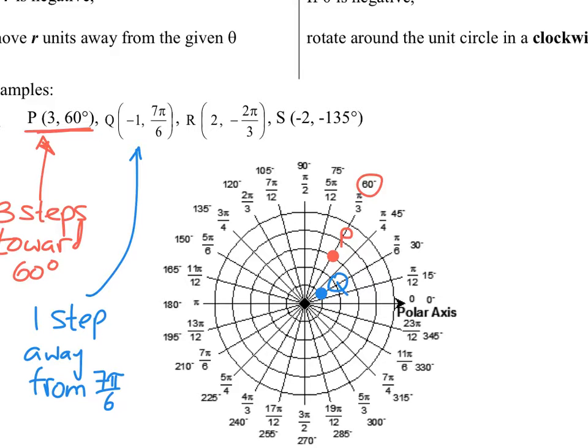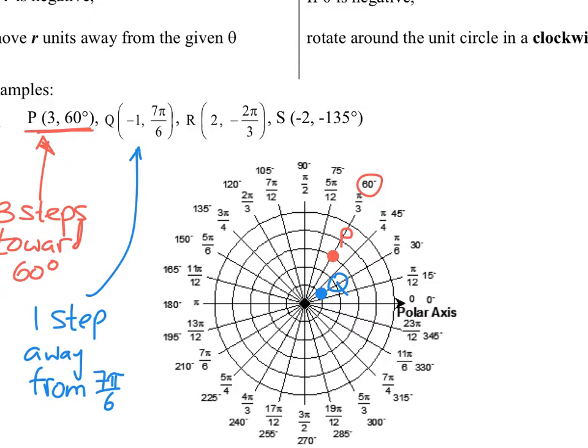Now a little nifty shortcut, if I'm looking for a negative angle, find the positive angle and reflect over the x-axis, or the would-be x-axis, because it's not technically the x-axis. So if I needed to find, let's say, negative 3 pi over 4, I find positive 3 pi over 4 and reflect over the x-axis, and that'll get me to the equivalent of negative 3 pi over 4.